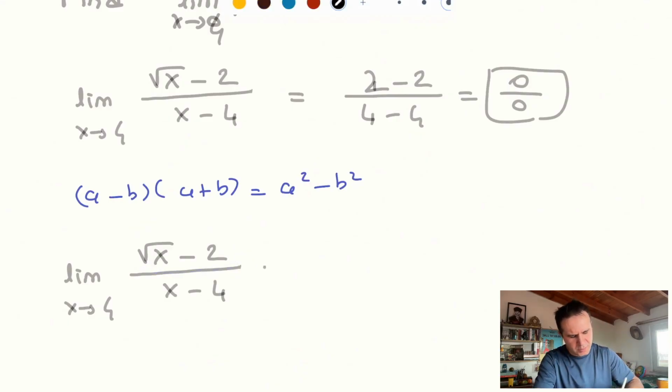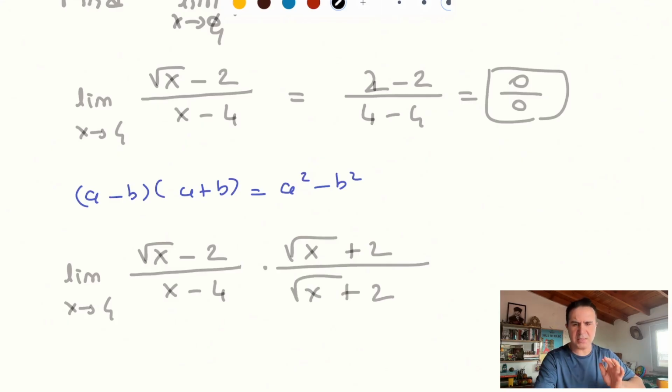So I will multiply this expression by square root of x plus 2 and divide by square root of x plus 2. Here we have square root of x for a and we have 2 for b.